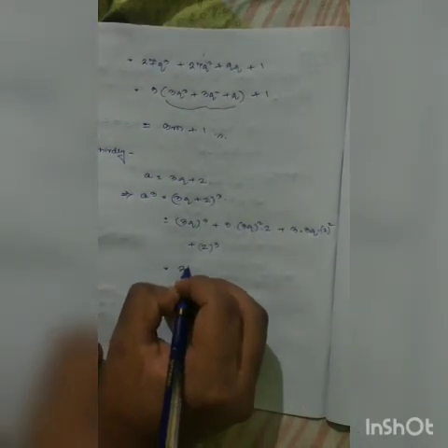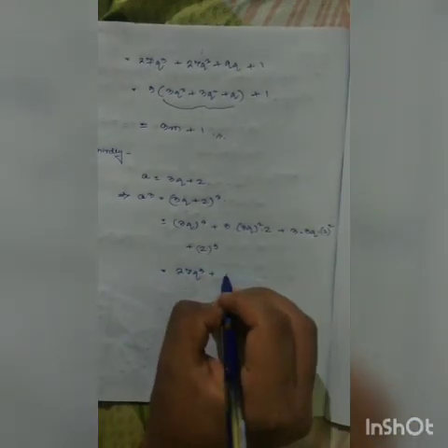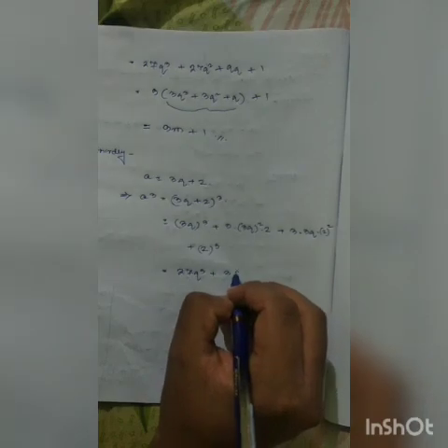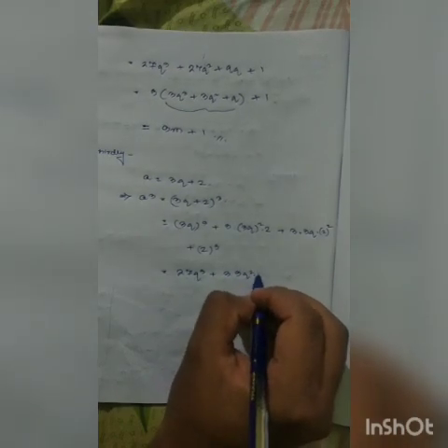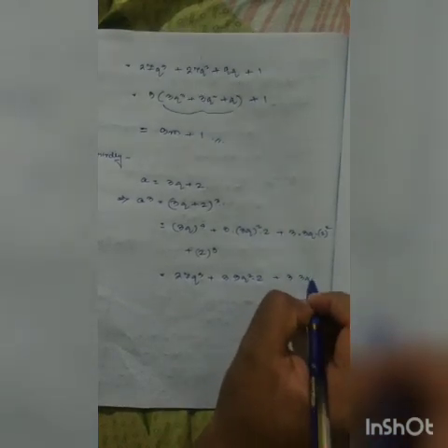So it is 27q to the power 3 plus 9q square multiplied with 2 plus 3q multiplied by 4, because 2 square is 4.